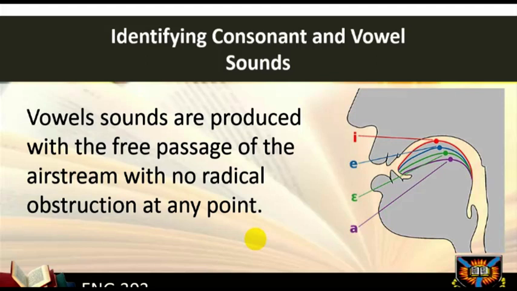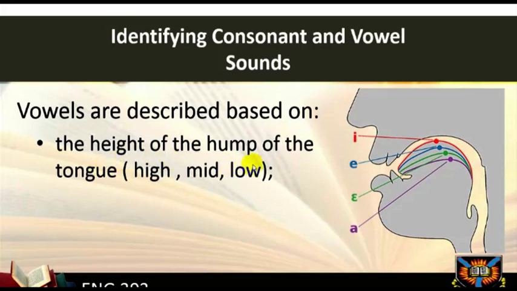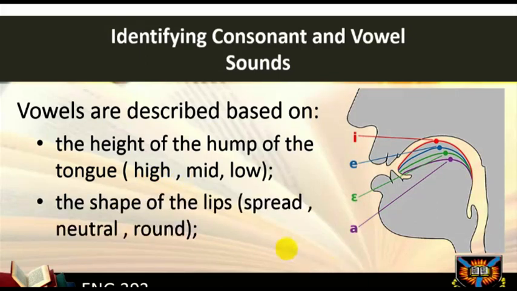How are vowels described then? Vowels are described based on: A, the height of the hump of the tongue: high, mid, low. B, the shape of the lips: spread, neutral, round. C, whether the mouth is closed or open: open, half open, close, half close.